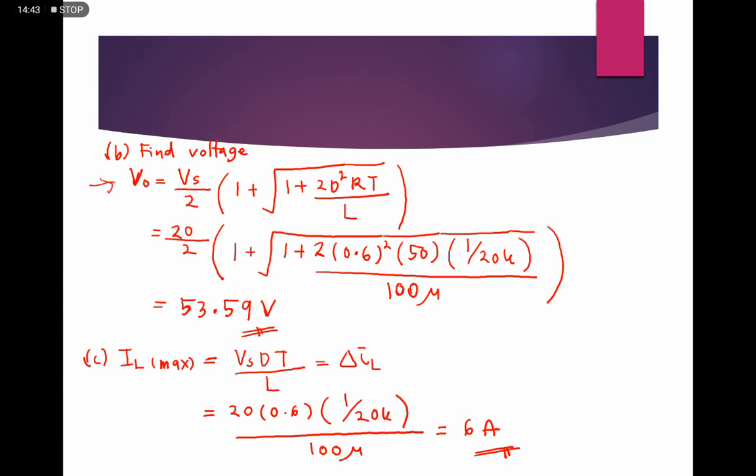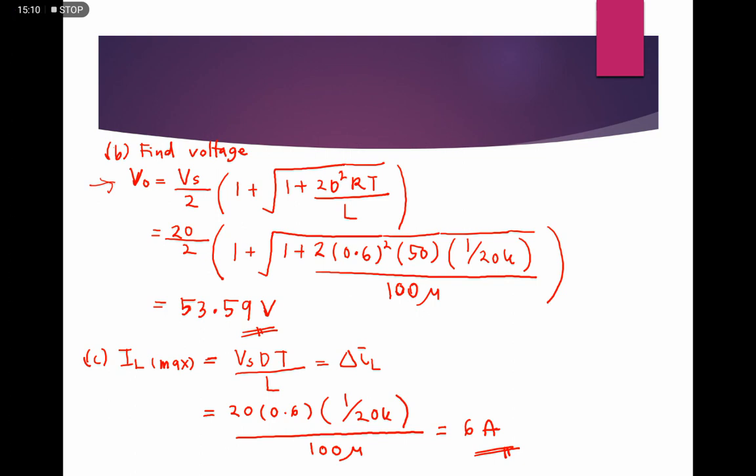I use this equation and substitute all the values, and then I get the output voltage equals 53.59 volt. Try to do the calculation just in case I calculated it wrongly, so that you can correct me whenever we have the next live session.